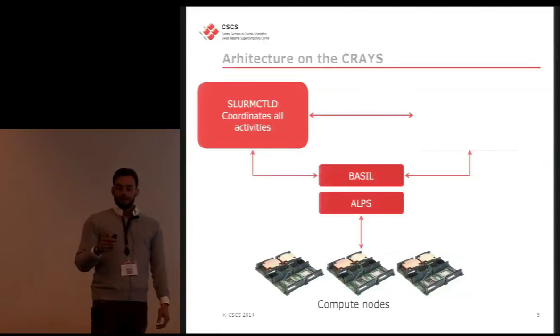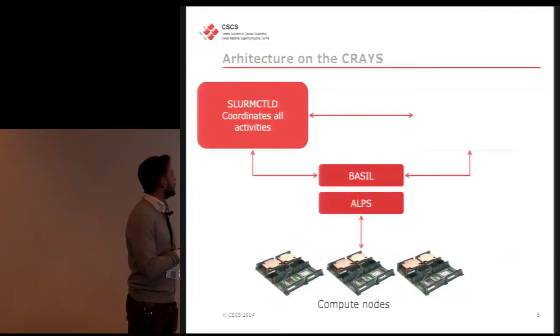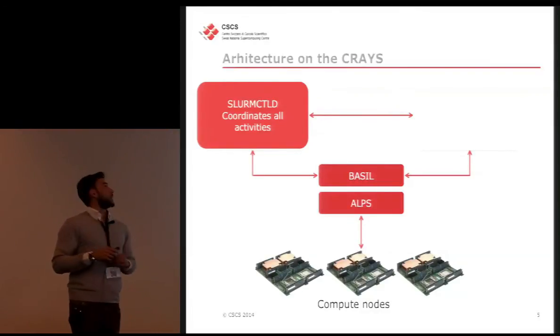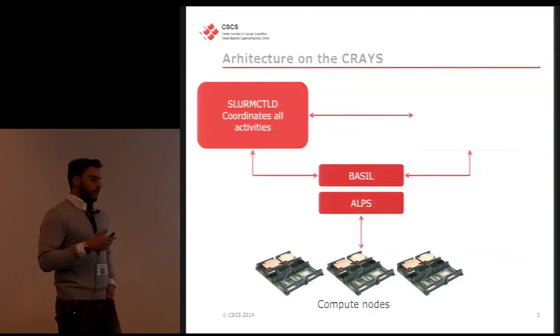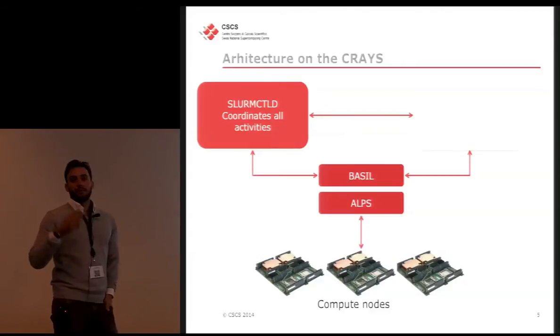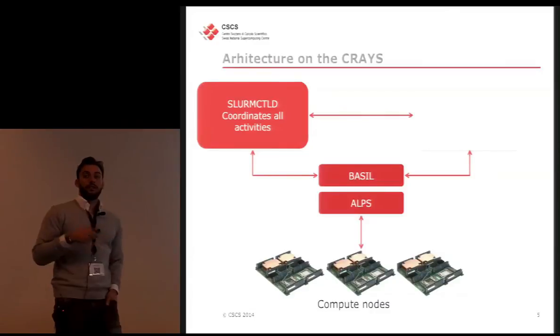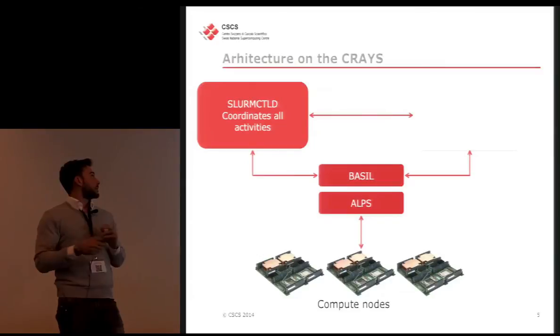This slide is here because our main systems are Crays, and there are some differences. I'm sorry, you can't read it very well here. There are a lot of differences on the Crays. The slurmctld used to run on the front end, so on a service node. But the main difference is that the SLURM daemon is not running on every compute node, only on the front-end nodes. This is because Cray has its own scheduler, which is ALPS.